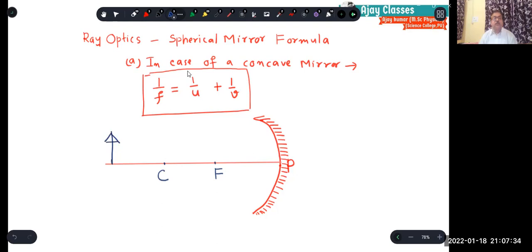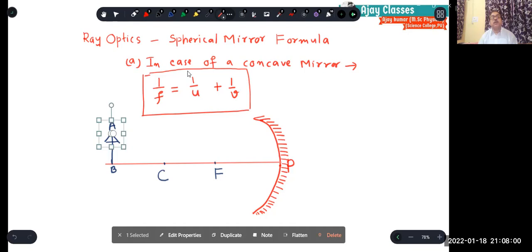Yes, we have taken object, we have given the name AB, the size of the object, which is placed just beyond C. The ray of light will travel from A point. So we will draw the ray starting from point A to the mirror.